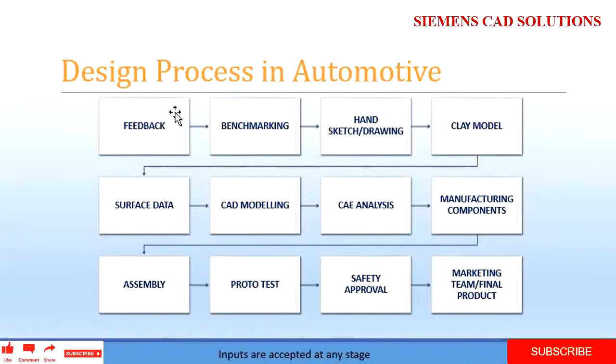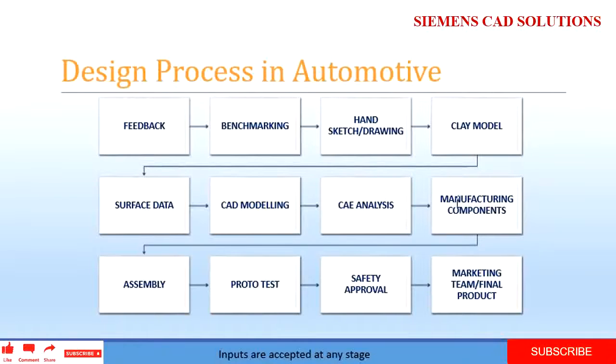So this is the overview of the design process, what processes take place for vehicle manufacturing from scratch to end level. First we will have the feedback. In upcoming slides I will explain each of these processes individually; here I just highlighted the names. First is feedback, then benchmarking, hand sketch or drawing, clay model, surface data extraction from the clay model, then CAD modeling, CAE analysis, then we go for manufacturing of components.